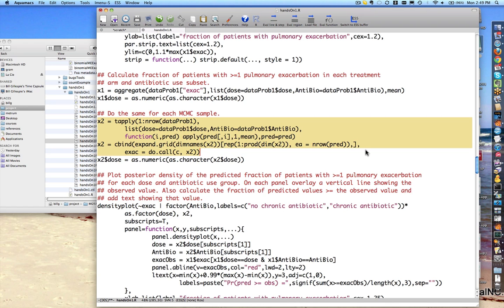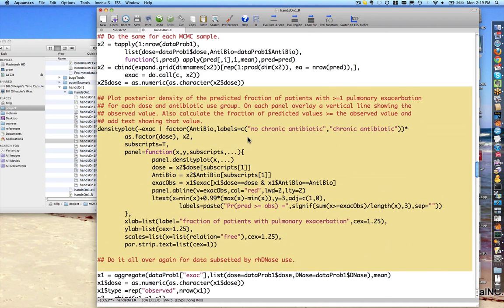The code's a little bit different because in this case I'm not going to be calculating quantiles. I actually want to generate all of these posterior predictions and calculate these fractions for each one of the MCMC samples and then keep it. I don't want to summarize it using quantiles, because I'm going to use that information to construct these densities.